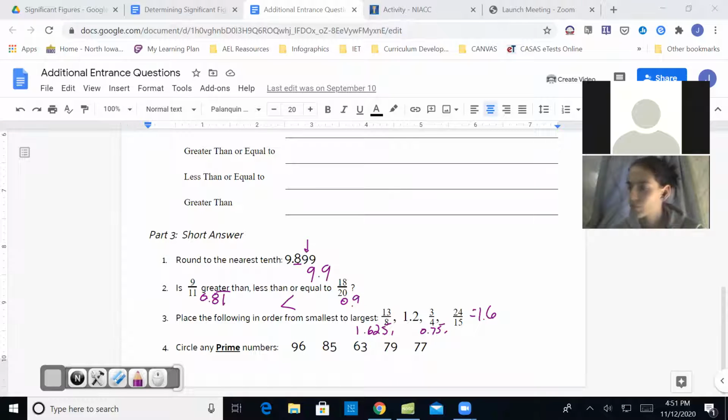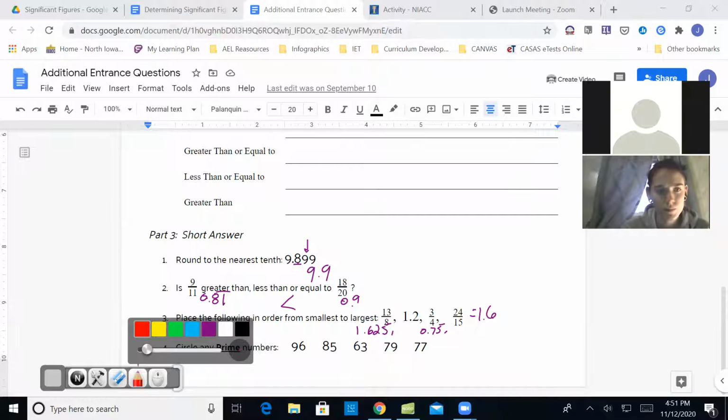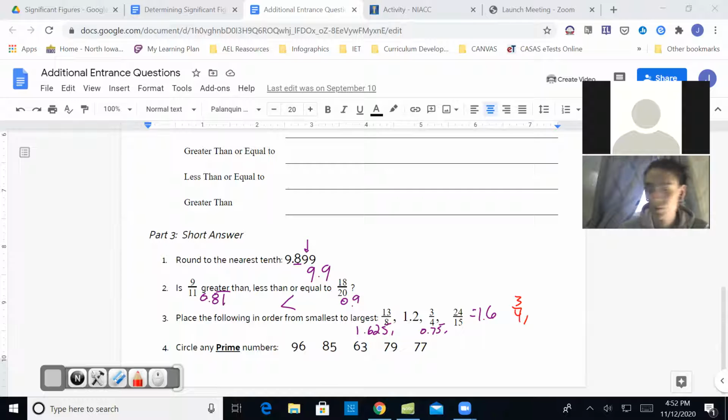Our smallest number is 3/4. After 3/4, it's 1.2. Then it'd be 24/15. And 13/8.